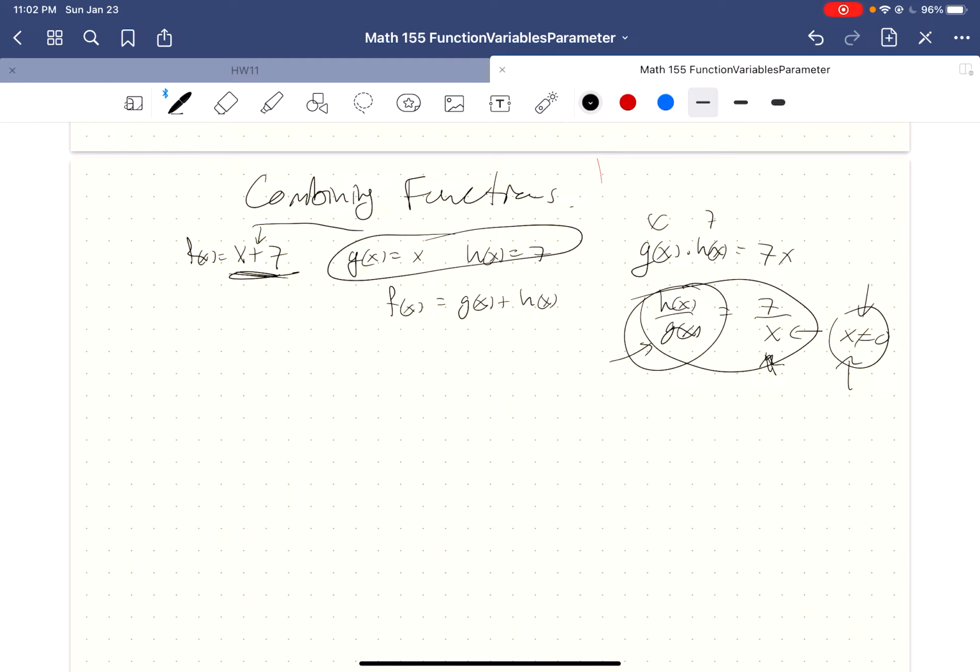And that gets into domains. Okay. So the domain of a function is the set or collection of all possible inputs.